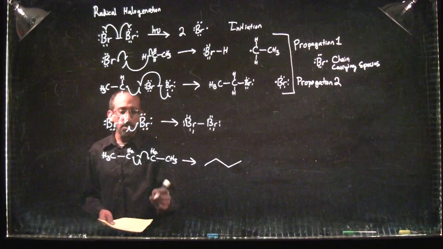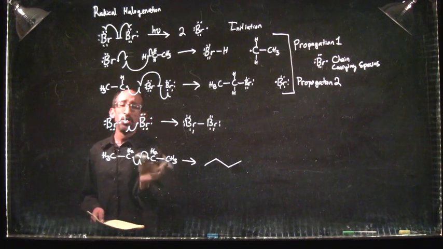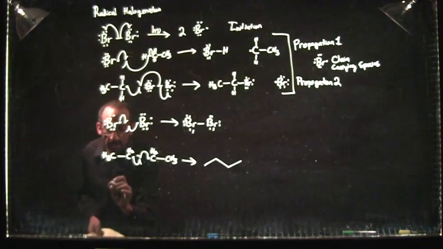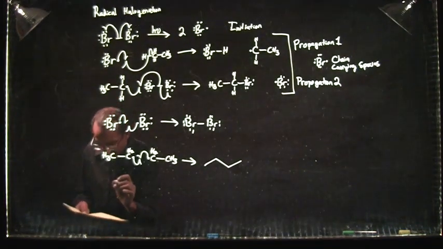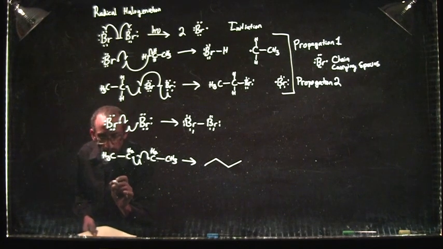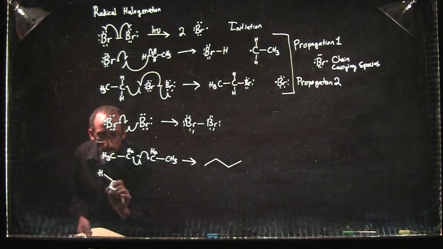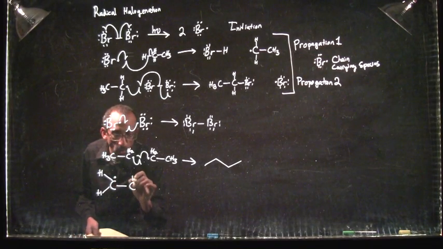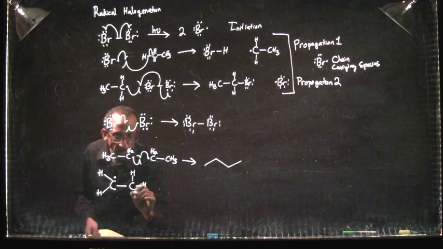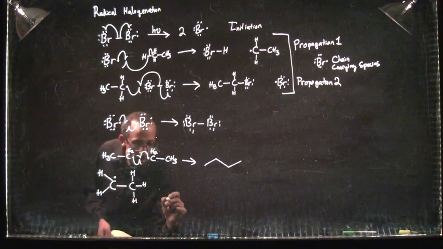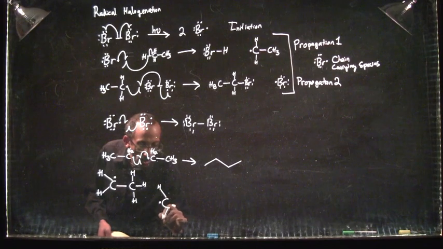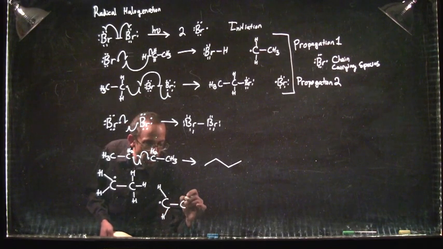The third option also occurs between two of my ethane radicals, but a slightly different process occurs. So I'm going to draw this out just a little bit more explicitly. So here's my carbon-centered radical on one of my ethane molecules, and here's my carbon-centered radical on my other ethane molecule.